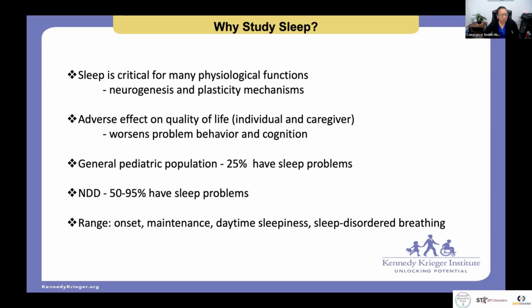And depending on the nature of the neurodevelopmental disabilities, the prevalence of sleep problems can be anywhere between 50 and 95%. Sleep difficulties may manifest either with difficulty with sleep onset, sleep maintenance, problems with having increased daytime sleepiness, or breathing challenges occurring during sleep.